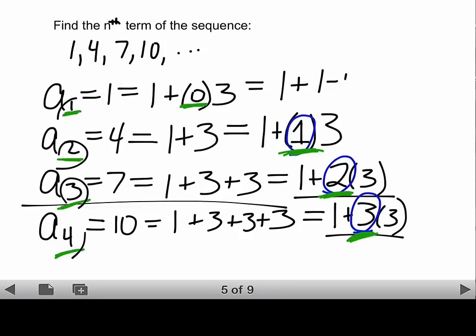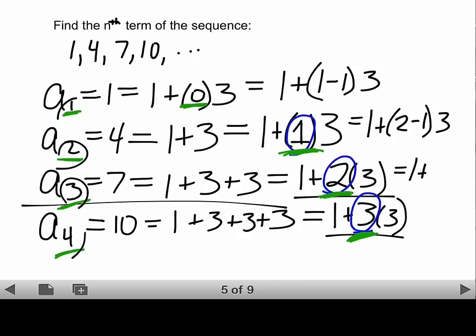How about 1 minus 1 times 3? For a sub 2, 1 plus 2 minus 1 times 3. For a sub 3, 1 plus 3 minus 1 times 3. And in that way, I'm able to incorporate the subscripts: a sub 1, 1 plus 1 minus 1 times 3, of course.